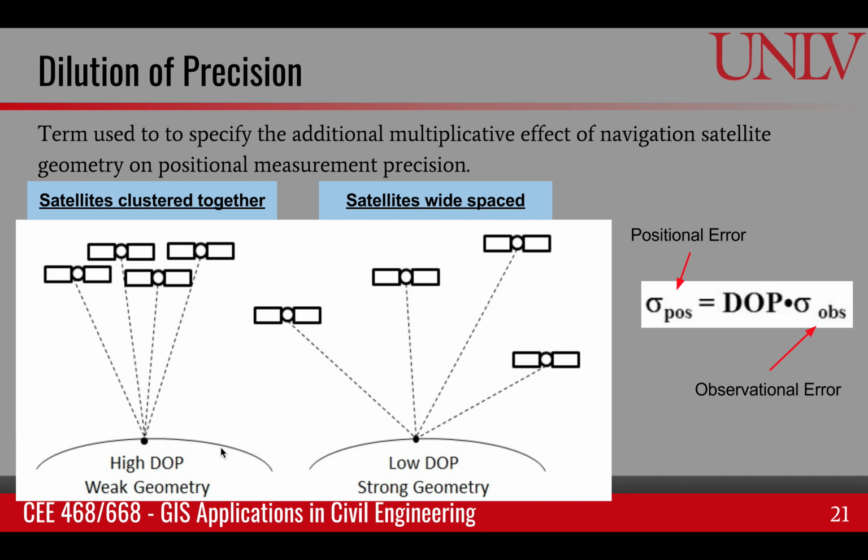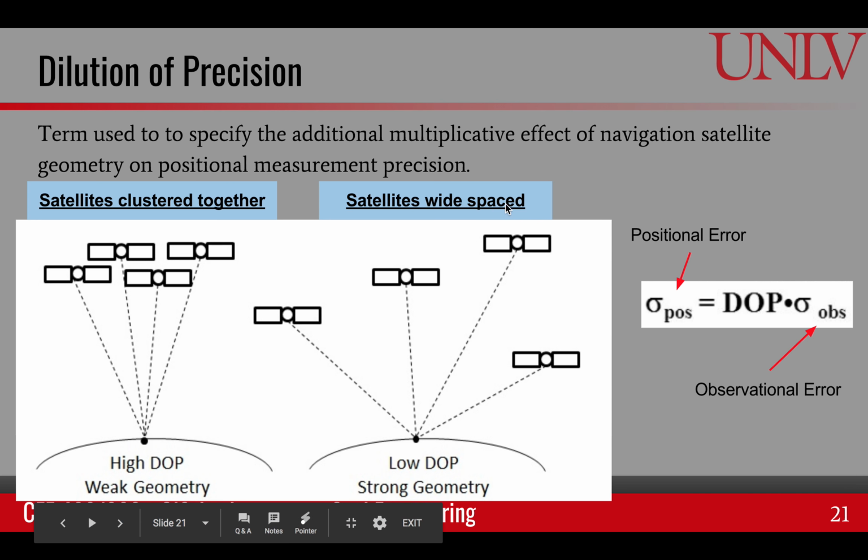So where the dilution of precision comes into play, it's a term that basically specifies the multiplicative effect of the satellite geometry on the positional measurement.